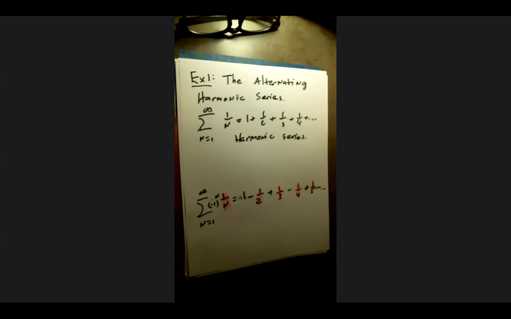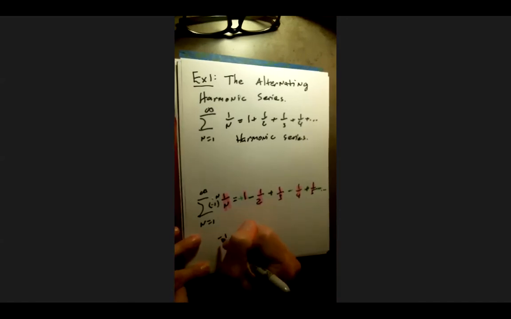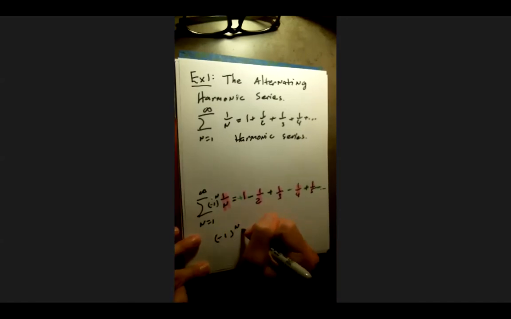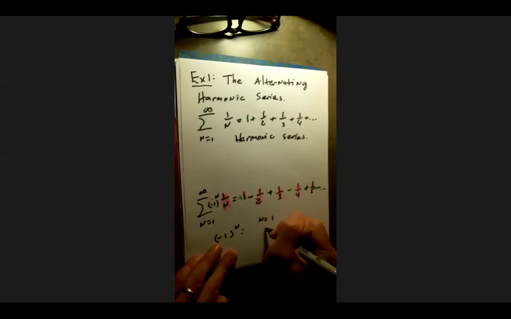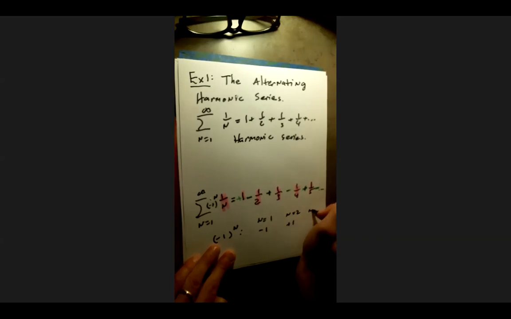If we go -1 to the nth power, when n equals 1, this would be -1. When n equals 2, this would be -1 squared or +1. When n equals 3, this would be -1 again. Is this the signs that I want? Nope, not so much. So we can either add 1 or subtract 1 from this exponent.